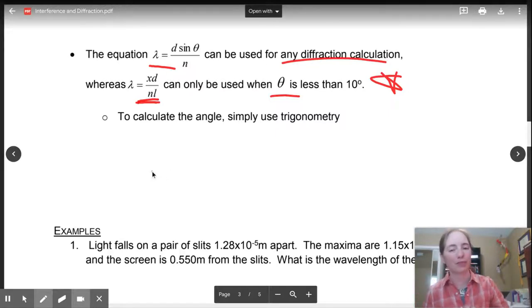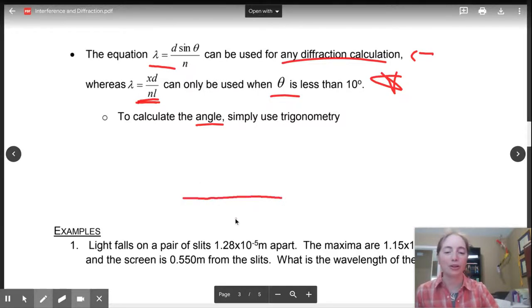And of course, where can you find these? Data book. To get your angle, theta, you're going to use trig. Remember the triangle that I drew on our previous diagram? Here you have your length, L, and here we have your value of x, the distance to the bright spot that you are investigating. And you're going to get your theta.